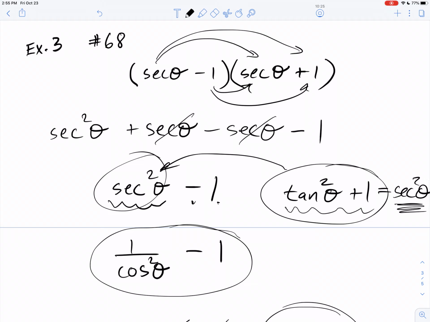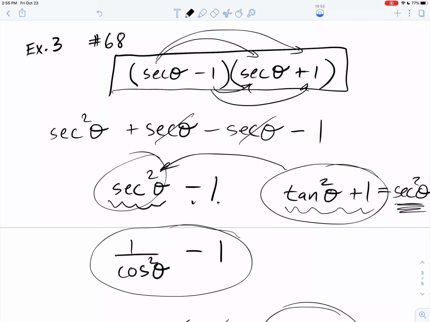Now, guys, the hardest part about what we're doing in this section, and I think this is the hardest section, is we're learning how to play with these identities. They might give us something that doesn't look like something we have memorized, and then lo and behold, it becomes something that we have memorized. But I gotta warn you, this one, number 68, I didn't want to give you guys this one to try on the assignment, and you'll see I skipped a couple.